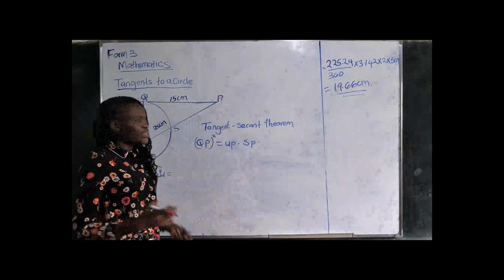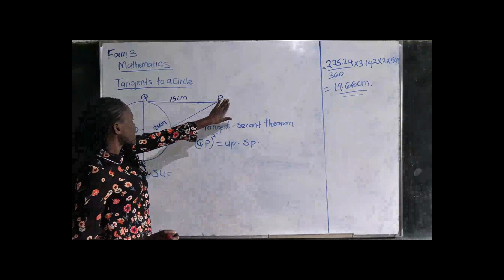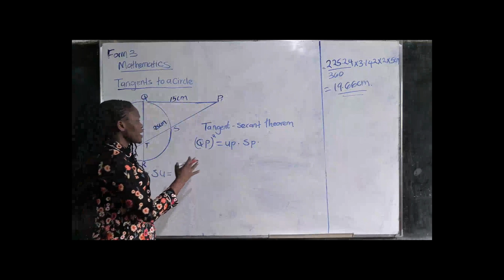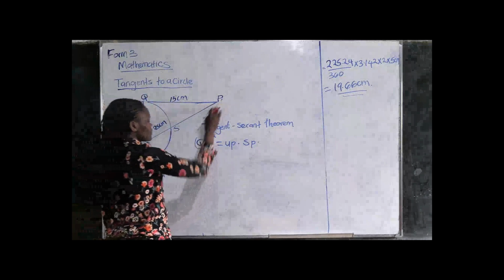PQ or QP, either is still correct, squared is equal to PU times SP.